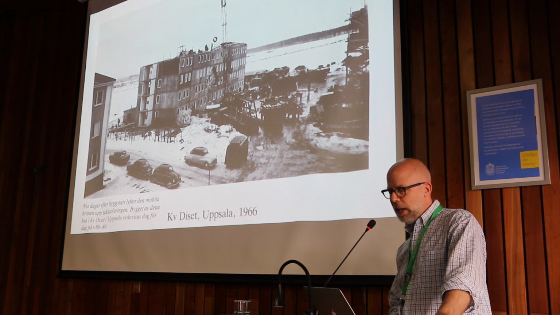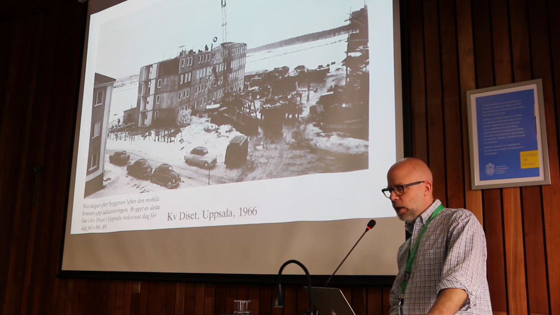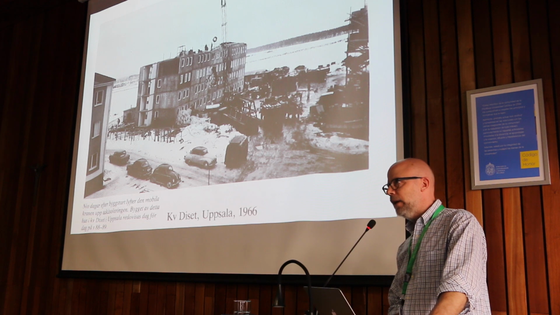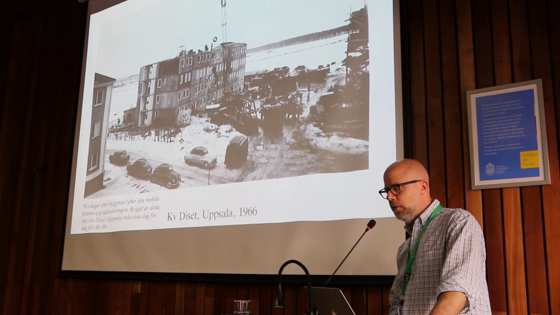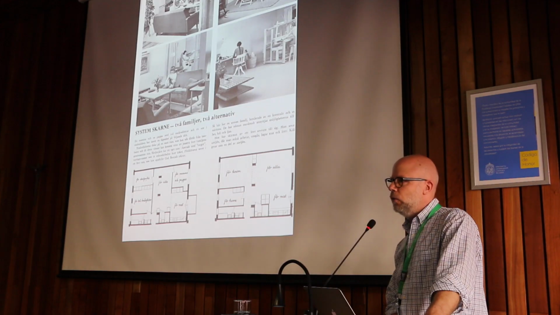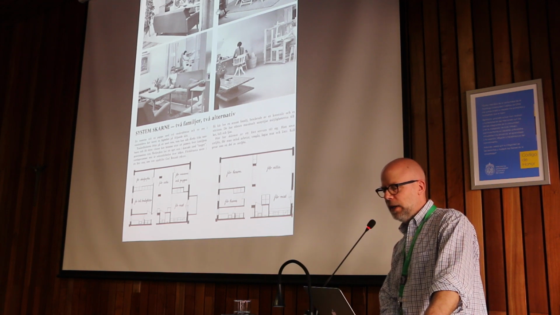So this is one of the first panel buildings built in Sweden in 1966, where an old building construction company attempted to move into panel construction in order to rationalize and to increase production. And they were very clear on presenting the interior effects also of what they were doing. So this is one example presenting the 2 plans below and the lives of the people inside.